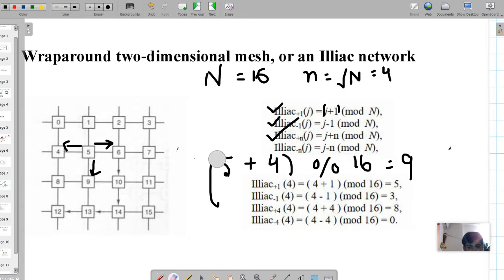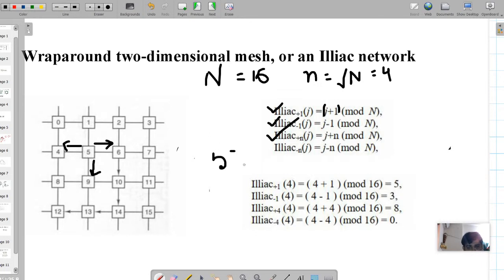Now let's try the last one. The last one goes like 5 minus 4 modulo 16, and it gives you 1.